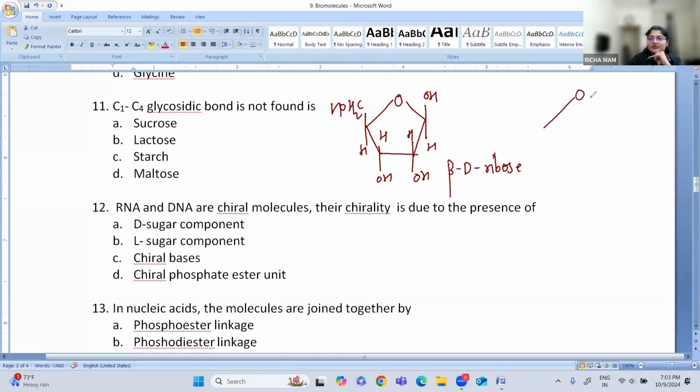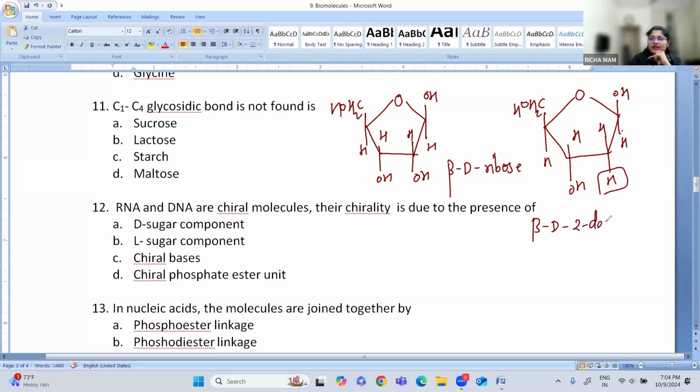Then, with CH2OH and H, here there is no oxygen. So this is your beta D 2-deoxyribose.